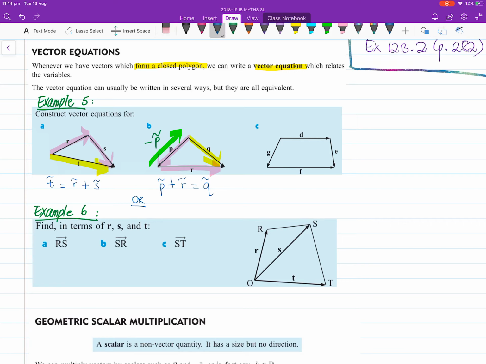And so you might say negative vector P plus vector Q, the green plus the yellow there, is going to give me vector R. But you can see from the first equation that I did, if you just rearrange that, we end up with the same equation. If you add or subtract the same one to both sides, you get the same equation.